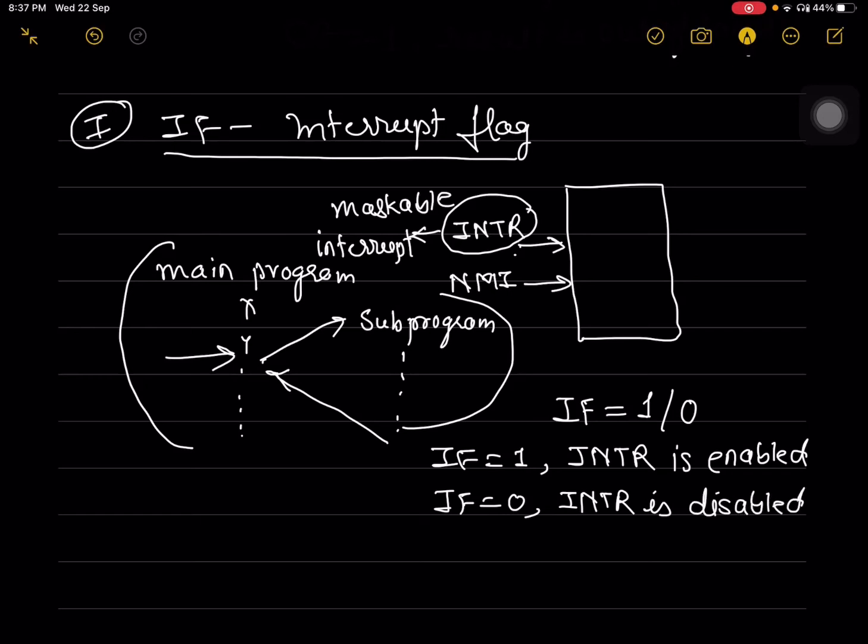It means if the interrupt flag is 0, then even if any signal is provided on INTR pin, that will not be sensed by the microprocessor. So microprocessor will not be interrupted till the value of interrupt flag becomes 1. So to enable the INTR pin of the microprocessor, interrupt flag has to be made 1. So this way, interrupt flag controls the masking or unmasking operation of INTR pin.